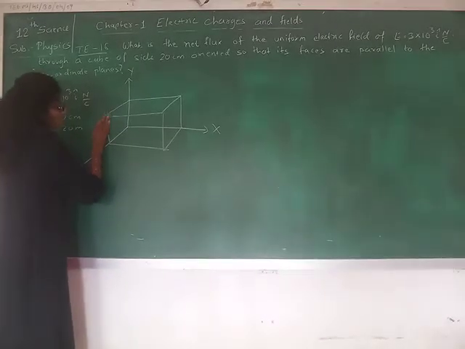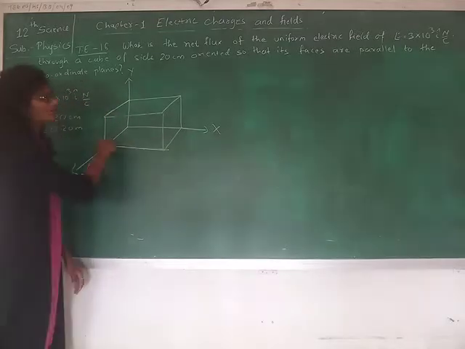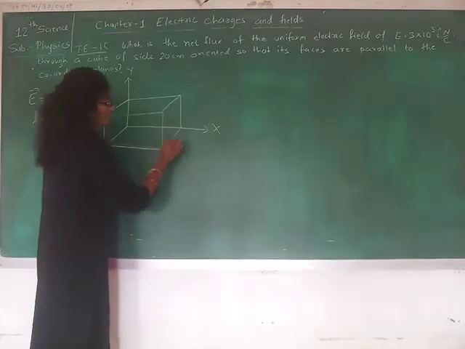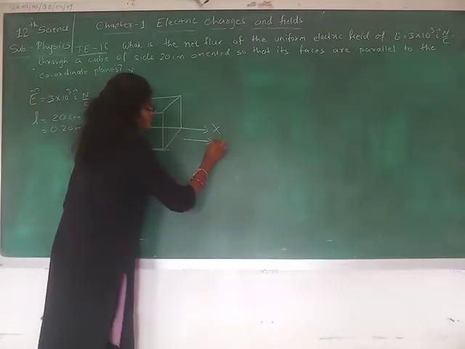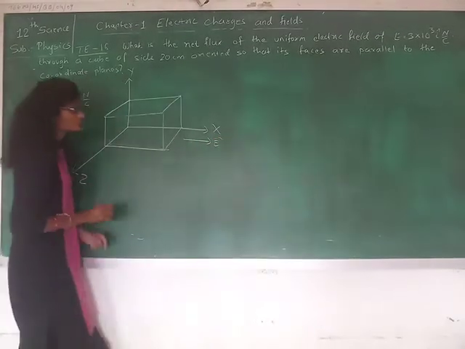And we need to find the flux through this cube, flux through this whole cube. So here we know the electric field is along the positive x-axis, that is in this direction.